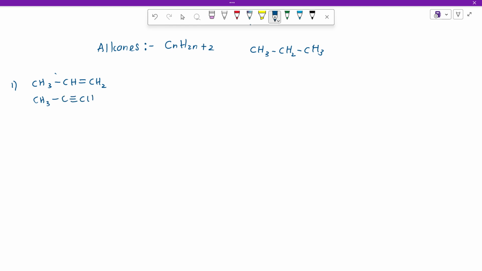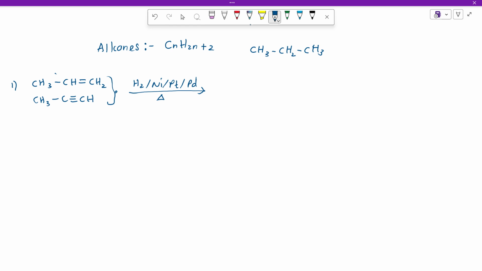For both alkenes and alkynes, if we add hydrogen, with nickel, platinum or palladium, you don't need to add all of these, just hydrogen with something else like nickel is sufficient. Once heated, it will give you an alkane.